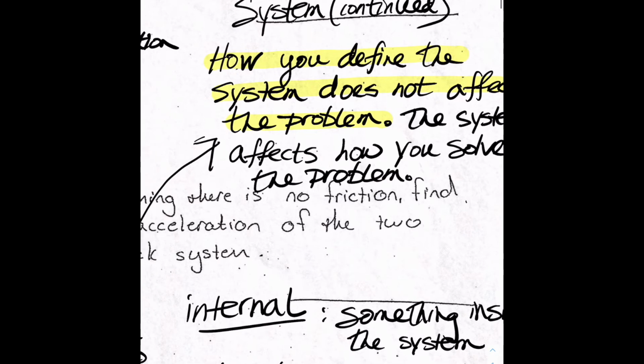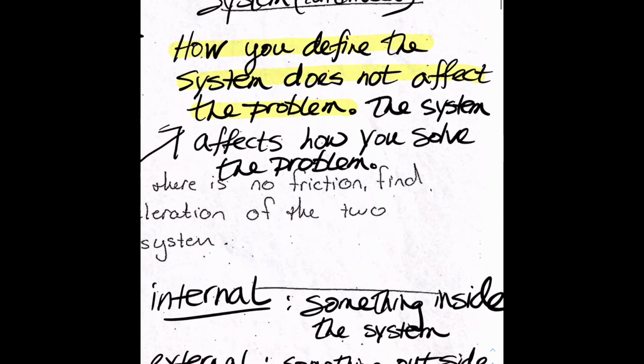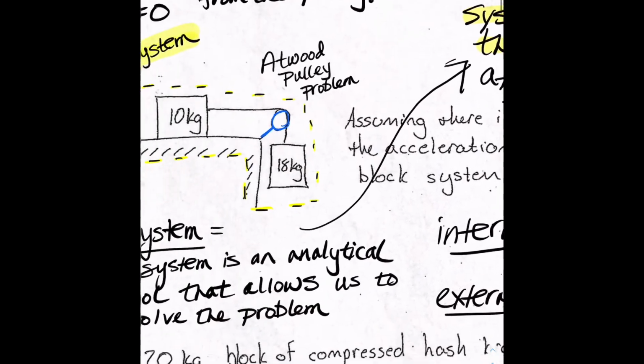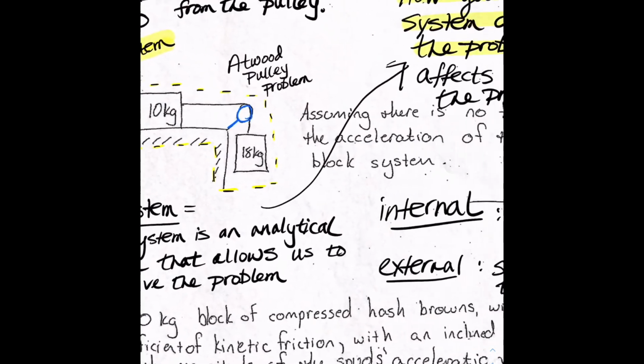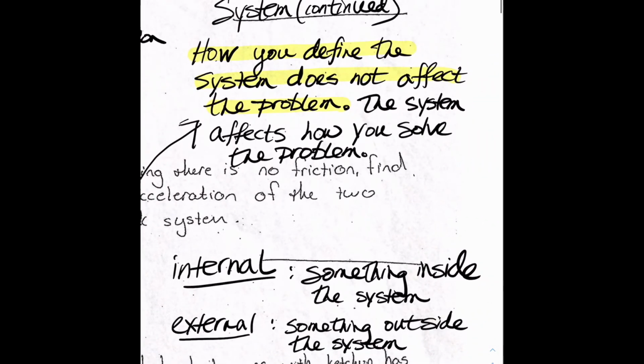Meaning the blocks on the table are going to slide however they're going to slide, regardless of whether you do the problem one way and I do the problem the other way. So it doesn't matter what you call the system. It doesn't change what really happens when you attach 2 blocks to a pulley. That is very key to understanding this idea. If you understand that, then you're halfway there to understanding this concept, easily halfway, more than halfway.